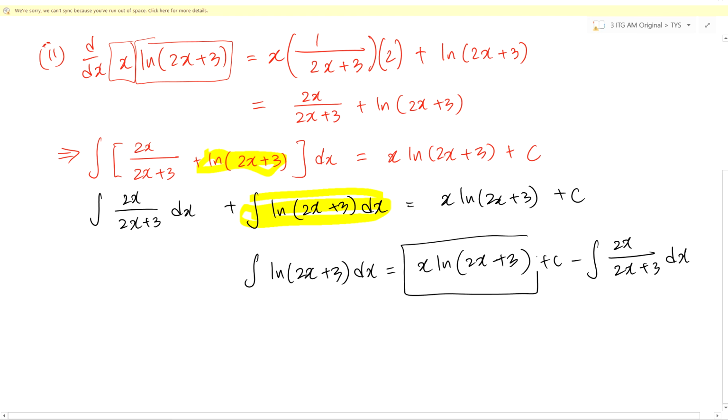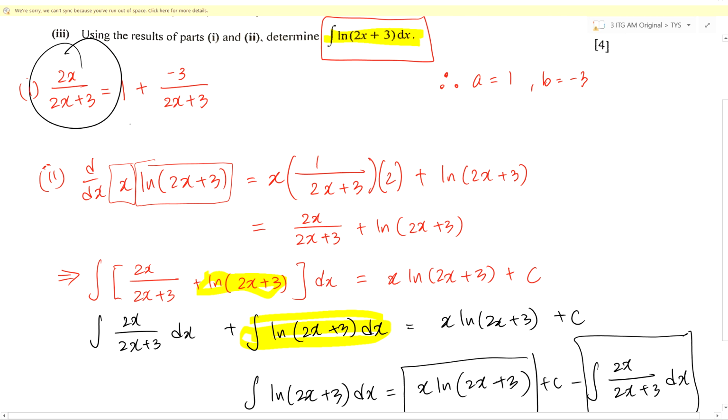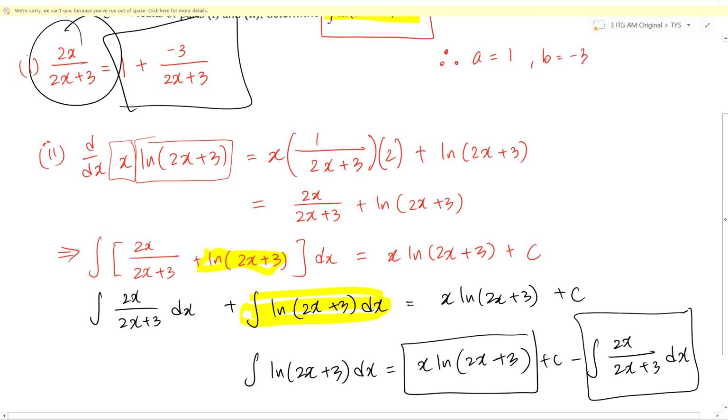There's nothing for us to do over here. c is an arbitrary constant. Our focus is now on integrating this. They also told us to use our result in part 1. Earlier in part 1, we expressed 2x over 2x plus 3 as a partial fraction: 1 plus negative 3 over 2x plus 3.